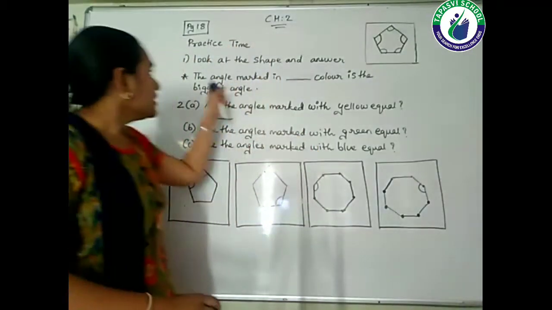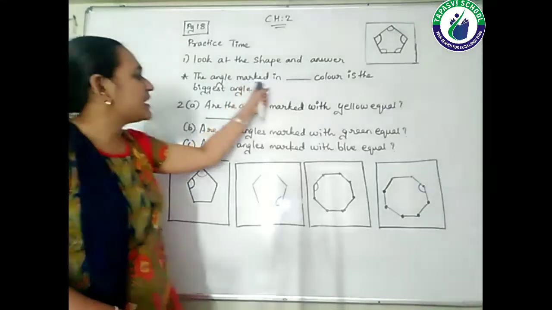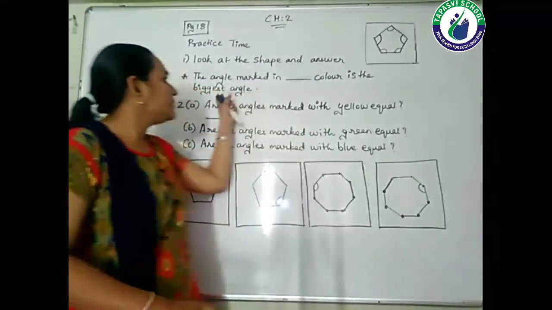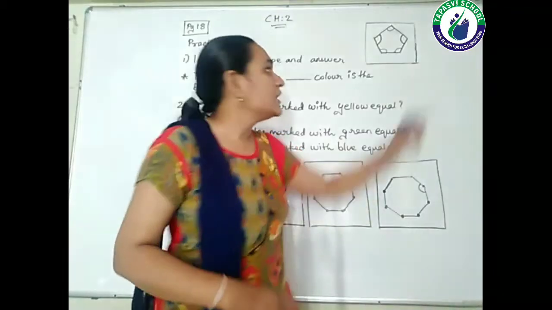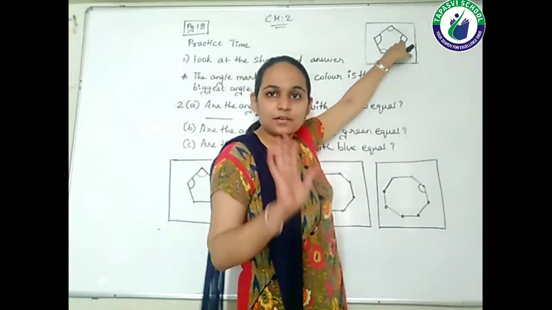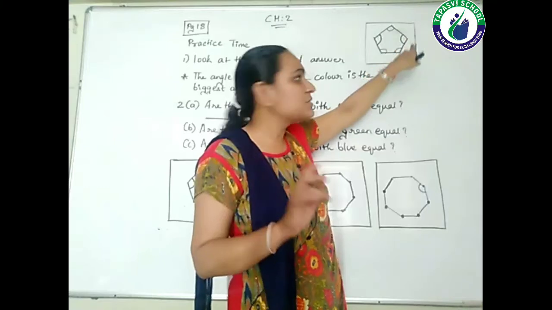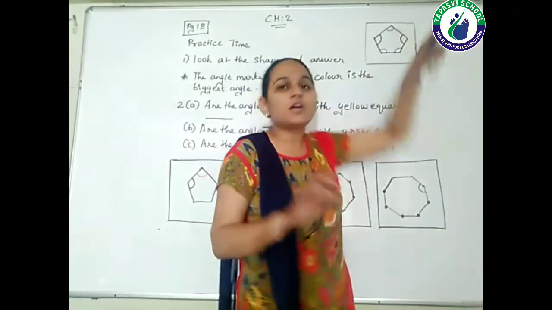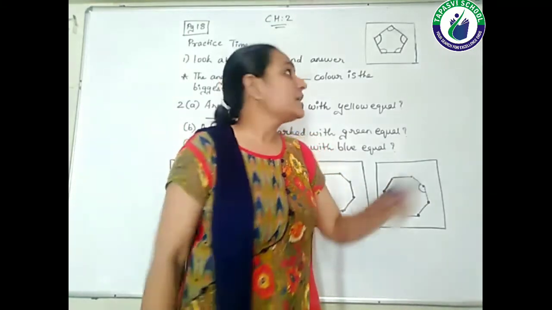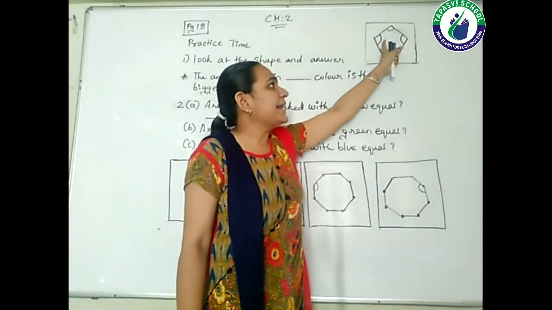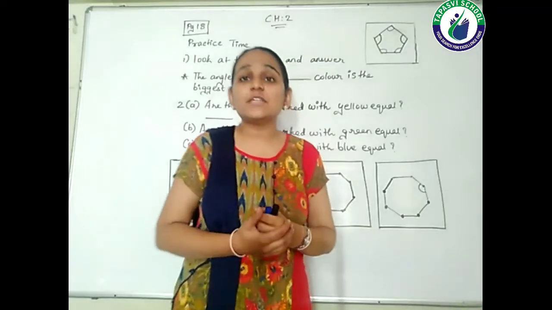Now, the first question is: the angle marked in dash color is the biggest angle. If you look into your textbook, here you will have the black color, which I have also used. And here there will be a yellow color, but instead of yellow I have used the blue color. You have to see these angles and tell which one is the biggest.